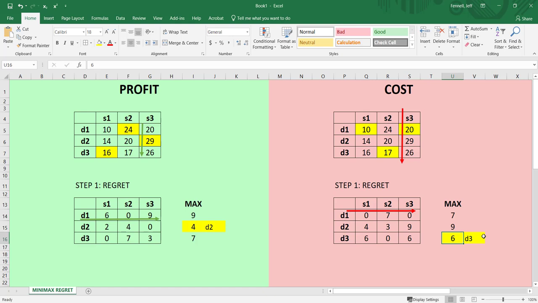We look for the maximum value, row by row now, so decision alternative by decision alternative. And once we have those maximum values for each decision alternative, we want the lowest possible option, the option that, if things do not go the way that we think they will, has the least potential to harm us.